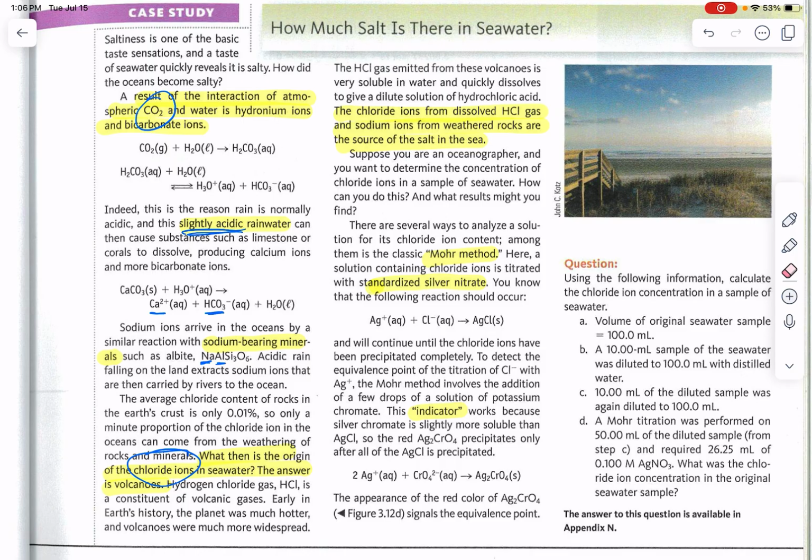And there are times where you're getting so much eruption from these volcanoes that airplanes can't even fly through the plumes of the natural pollution coming from these volcanoes, because it would foul up the air intake in their jet engines. In any case, these ions are going to dissolve in the ocean water.